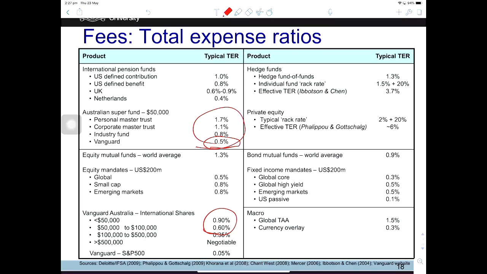If you look at AMP, MLC, and Colonial First, for example, you may compare the management fee of the three managers on the same product, for instance, active Australian shares. You will see they charge a very comfortable management fee of around 2%. And if you invest in some fancy products, for instance, leveraged Australian shares, the management fee can be well over 3%.